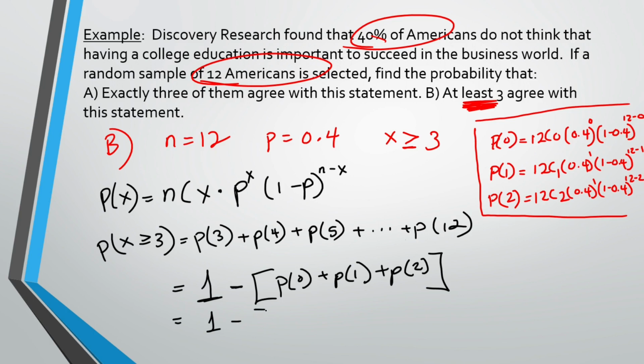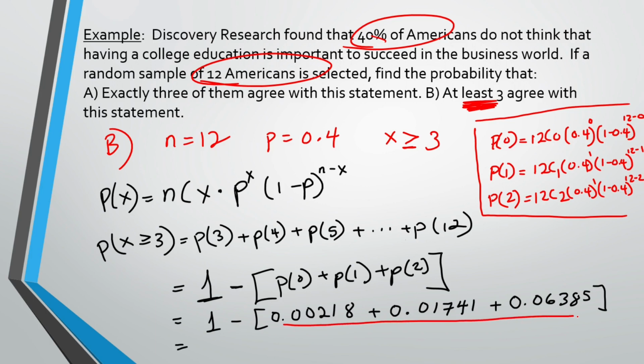And so I have P of 0 is equivalent to approximately 0.00218. I have P of 1 is equivalent to approximately 0.01741. And P of 2 is approximately 0.06385. I'm going to do the inside of the parentheses first, and then I'll subtract that from 1.